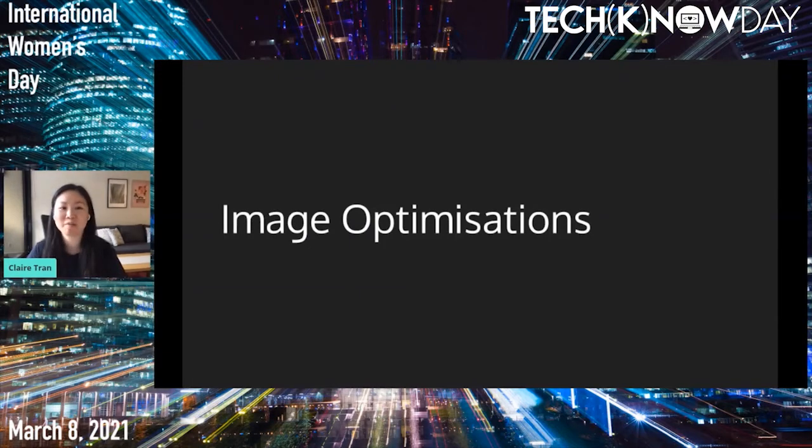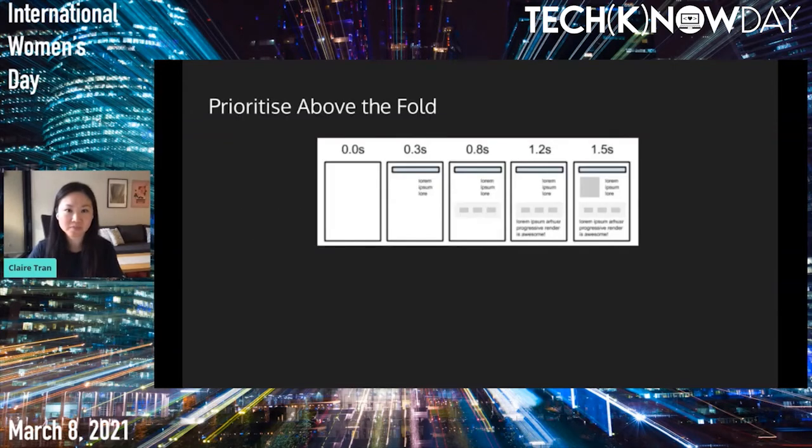Now let's jump into some optimizations. So we will start with image optimizations and understanding a few techniques on how we would improve the performance for images on a particular page. One technique is prioritizing above the fold, which we mentioned, and that's basically what is visible to the user.